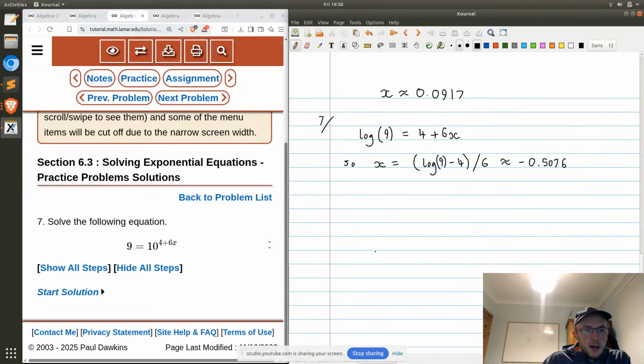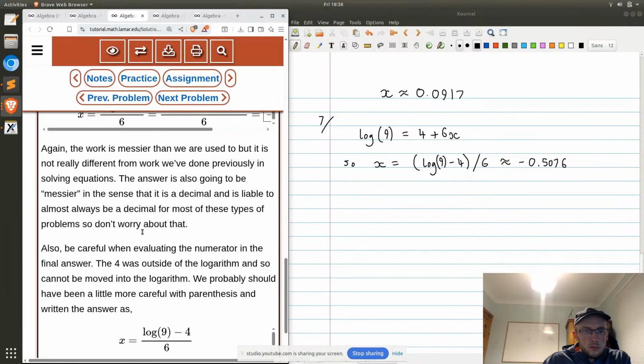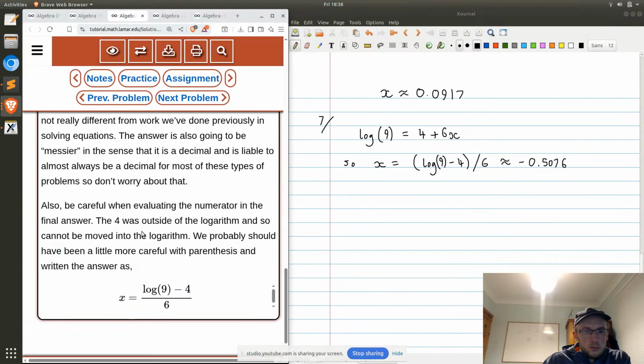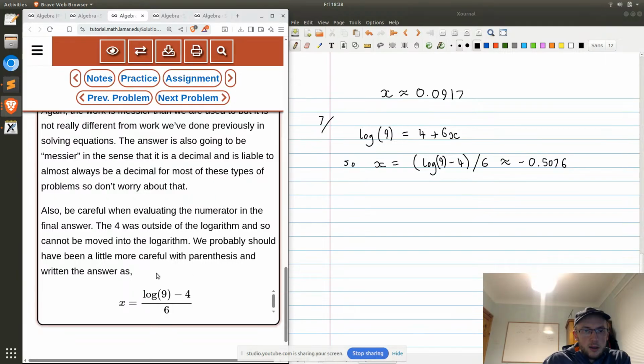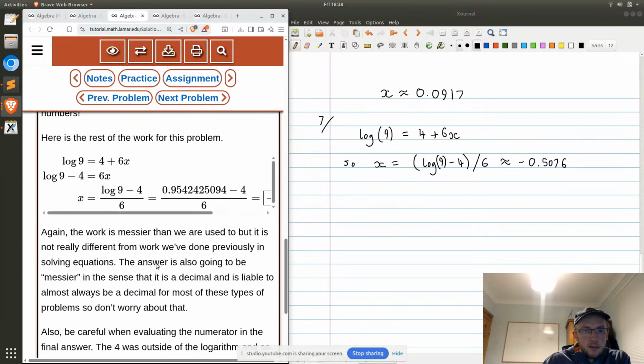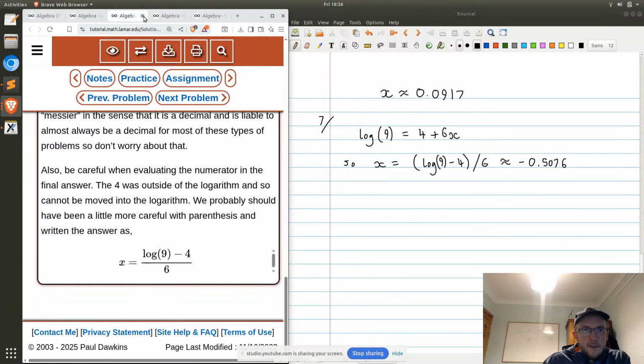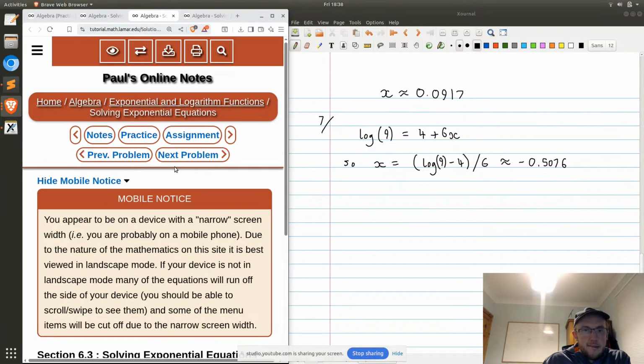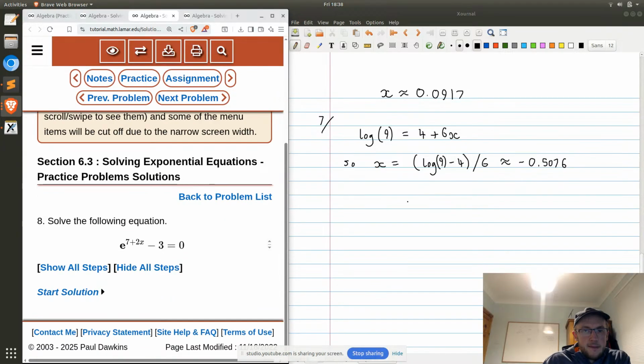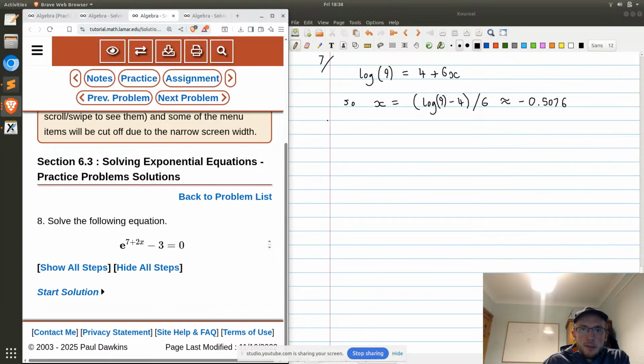I think that's correct. Okay, yes, that's the exact answer. And there's the approximate answer. Exactly. All right, now the 8th problem.